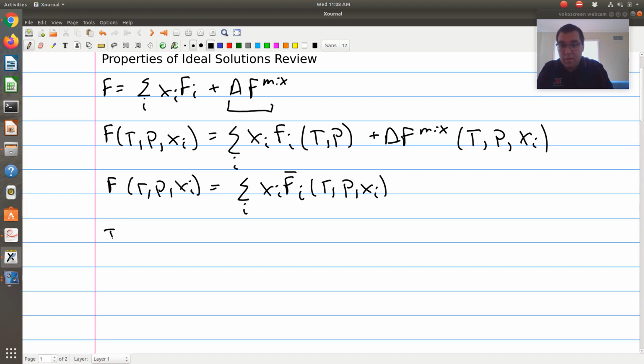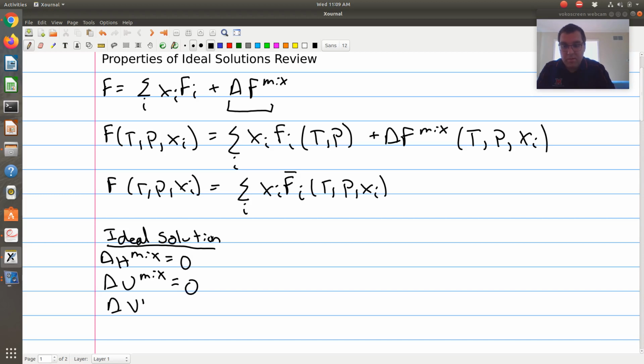So in an ideal solution, remember all intermolecular interactions are exactly the same. So it follows that delta H of mixing is equal to 0, delta U of mixing is equal to 0, and delta V of mixing is equal to 0.